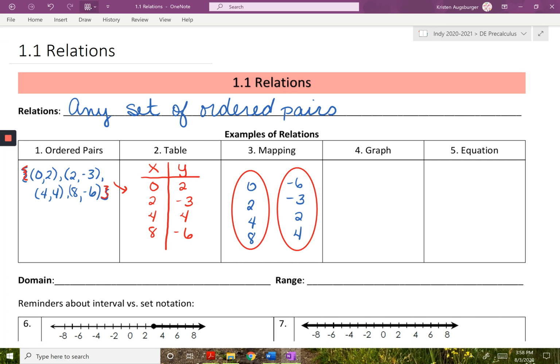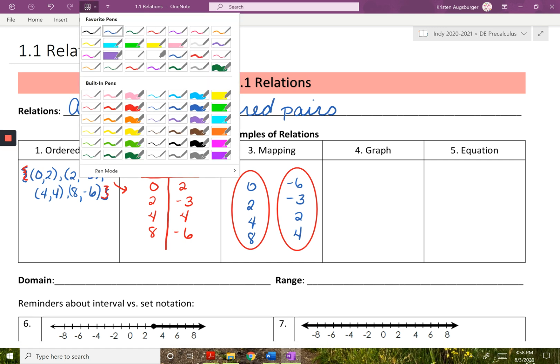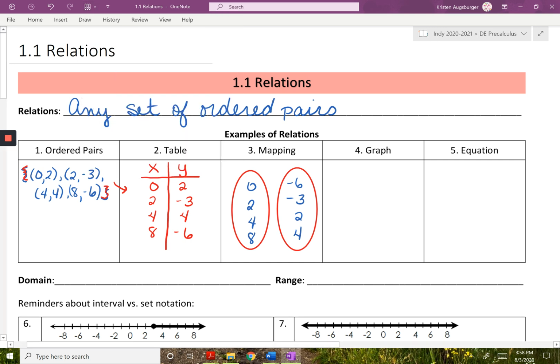And this mapping describes that 0 maps to 2, 2 maps to -3, 4 maps to 4, and 8 maps to -6. So this group is my X, indicated by the fact that there's no arrow on this side. It maps to my Y values.